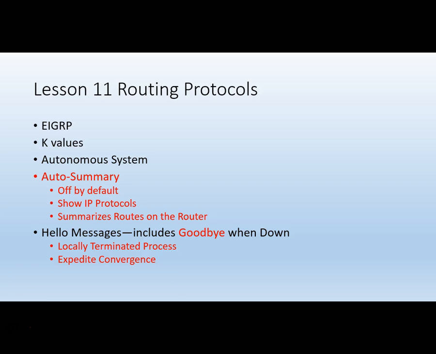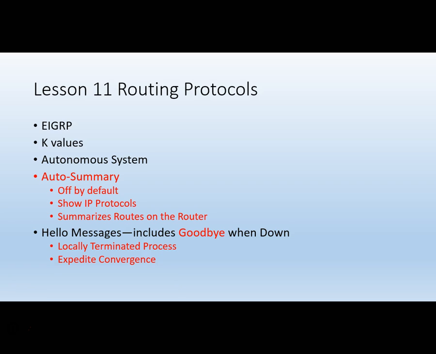So we create the autonomous system in order to reduce the span of how many routers are talking to each other, how much traffic we're generating. This one also uses multicast communication, and EIGRP only communicates updates when something changed.